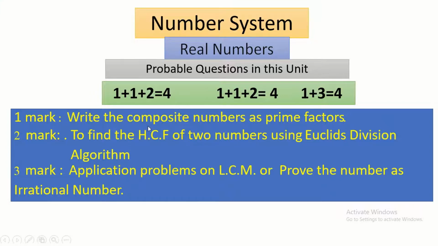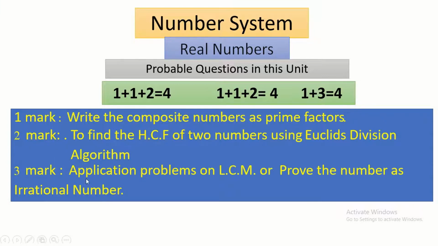They ask to write the composite number as a product of prime factors. That type of question may appear for 1 mark. And for 2 marks in real numbers, to find the HCF of two numbers using Euclid's division algorithm. By using Euclid's division algorithm, we have to find the HCF of any two numbers. That may appear for the 2 marks question.